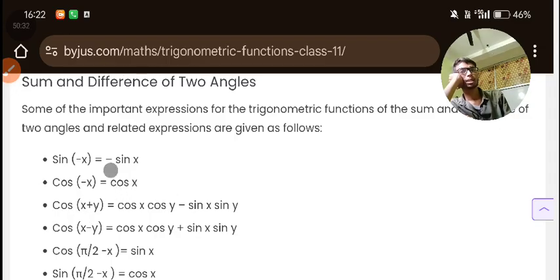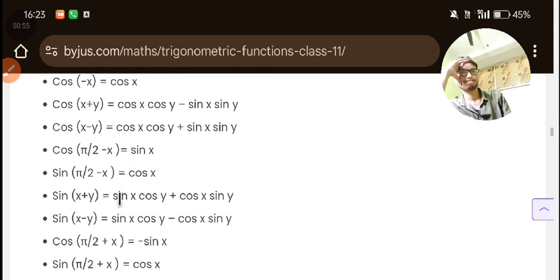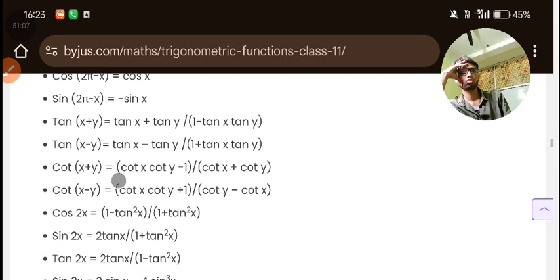So remember, if there is a sine, it stays as it is; if there is a cos, it would be opposite. Here, what is the formula? Cos of x plus y is cos x into cos y, then plus sin x into sin y. Same here, cos x into cos y, then plus sin x into sin y. Then next we have cos of pi upon 2 minus x is equal to sin x.